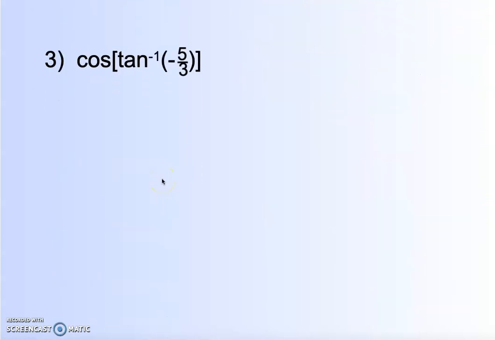Let's try another one. The cosine of the inverse tangent of -5/3. So inverse tangent, we know that is a unit burrito. So I'm going to go into my unit burrito here.